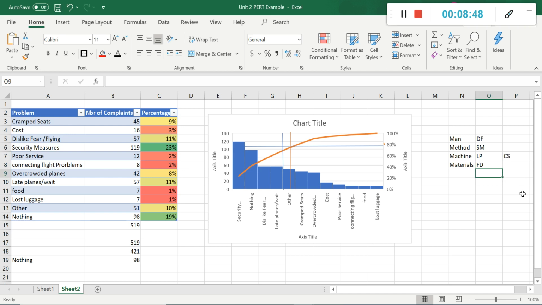So in this case, we have the Pareto chart, and we can see that 80% of the problems cumulatively cause all the problem. Technically 3 things are causing most of it. So if I solve security, dislike of fear, and late planes, mostly 80% of my complaints will be solved, and the rest are very minimal. It's just 20%.